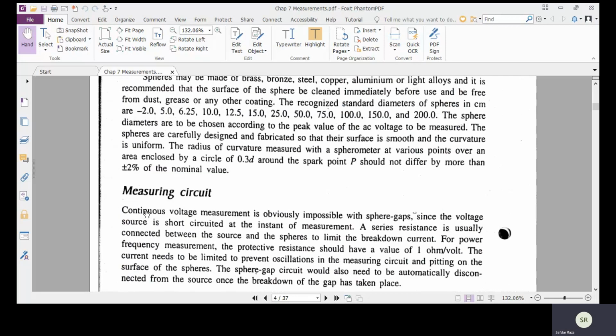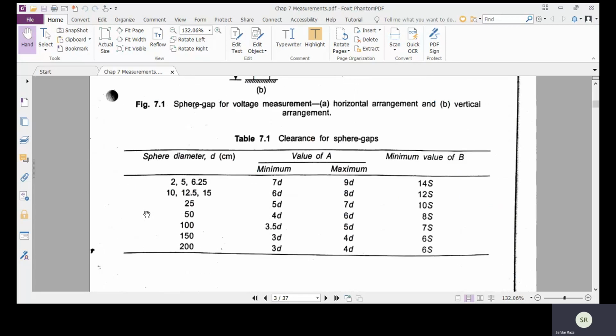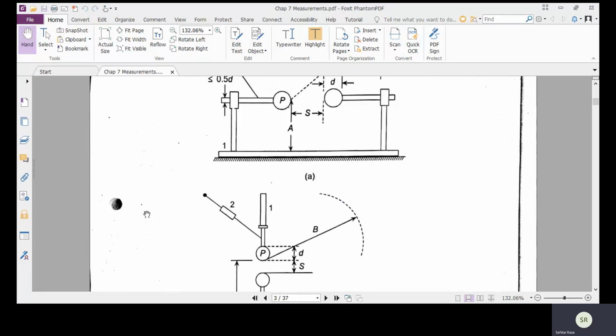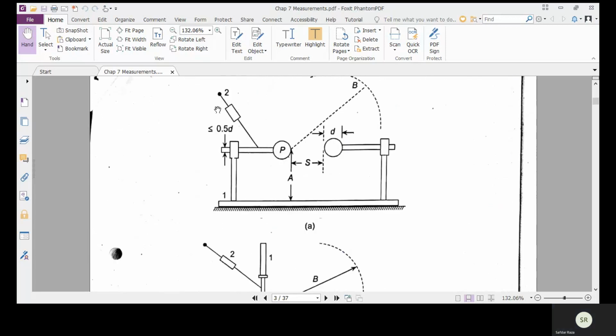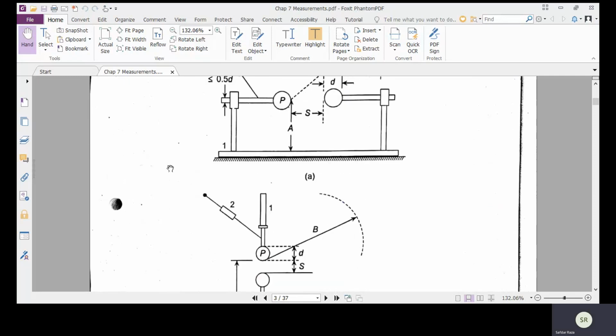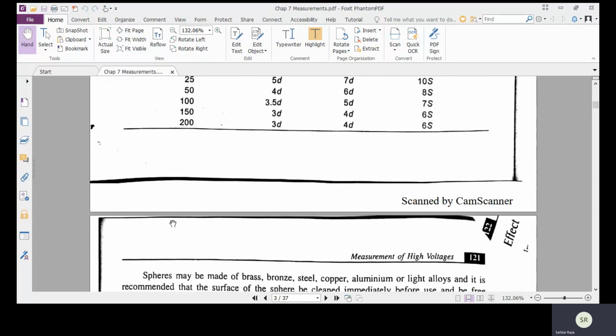In the figure, the resistance is represented by subscript 2. So what is the purpose of the resistance? The purpose of the resistance is to provide protection between the source and the sphere in order to limit the breakdown current.